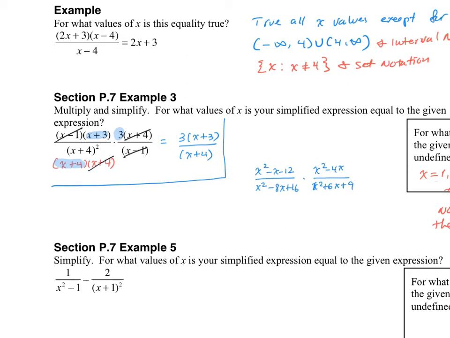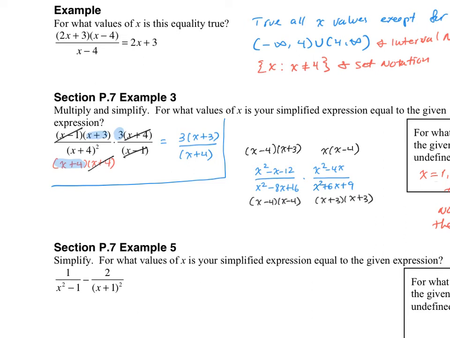So if this was the case, the first thing you would have to do is factor each of them. So this will be x minus 4 times x minus 4. It will be x plus 3 times x plus 3. We just did this one in one of the previous examples. So this is x minus 4 times x plus 3. And this one is x times x minus 4.